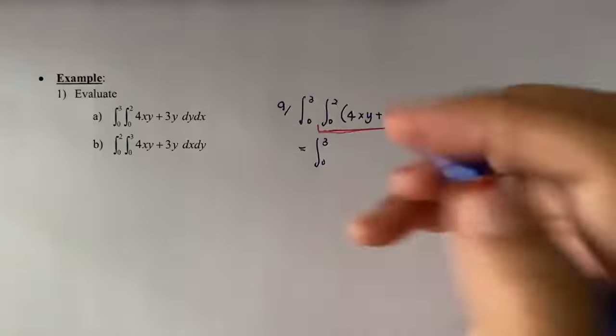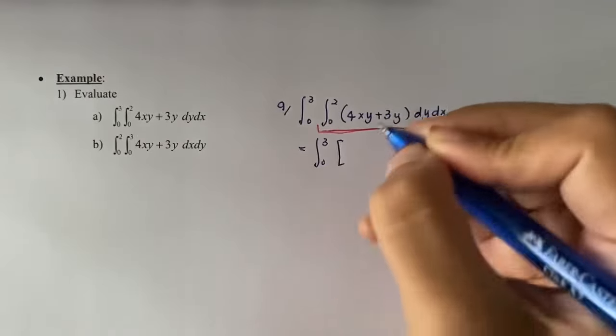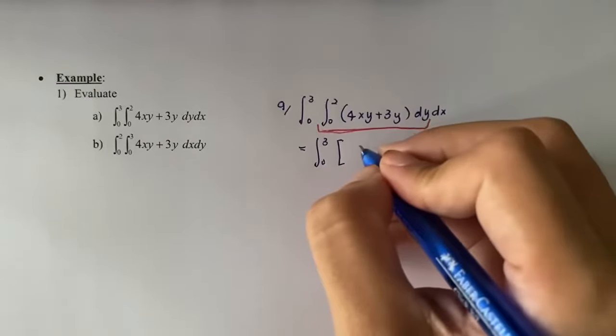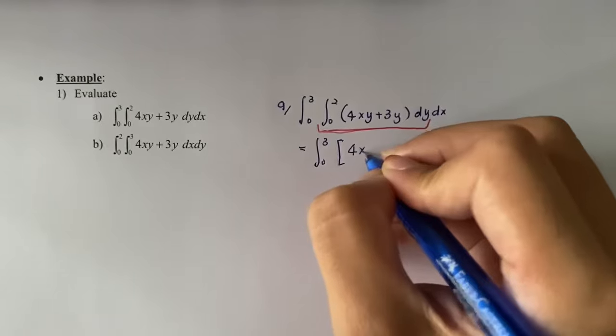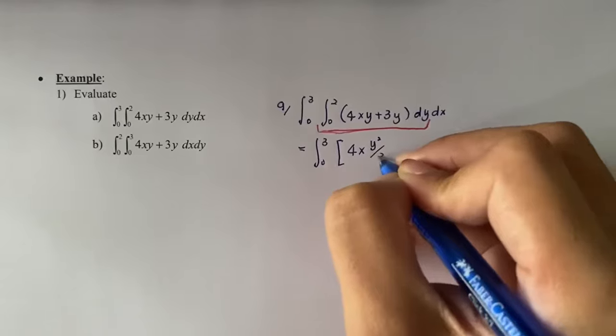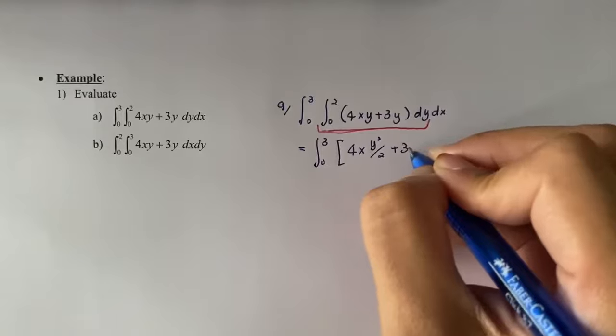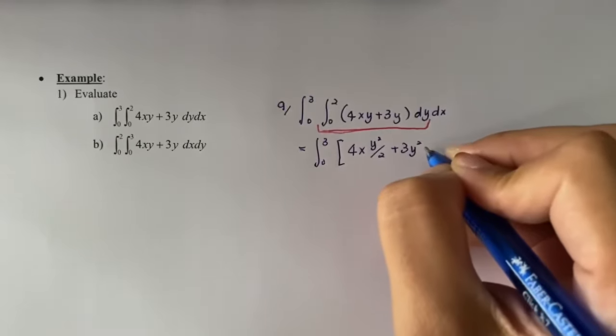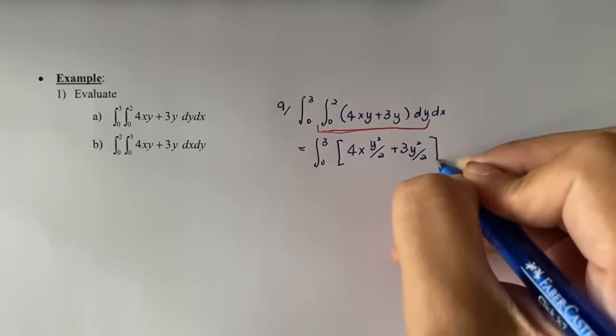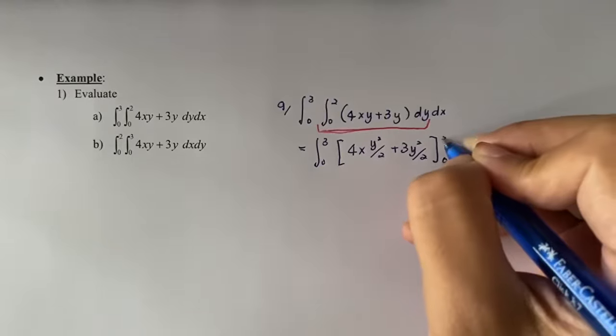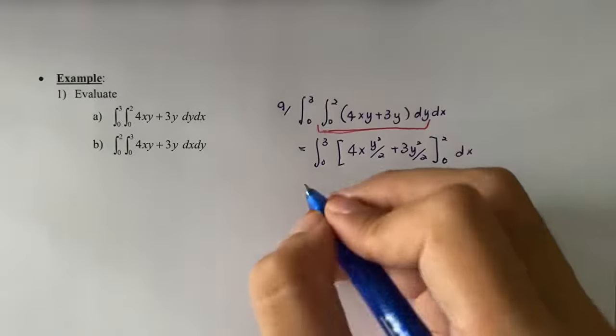So you have the integration for xy with respect to y: 4x y squared divided by 2 plus 3y squared over 2, and the limit for y is 0 to 2.